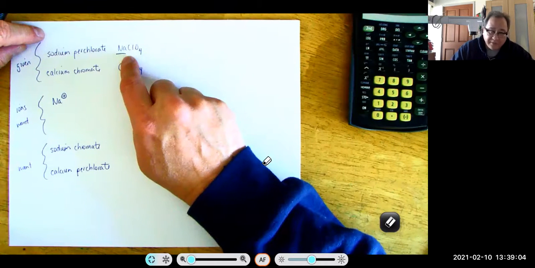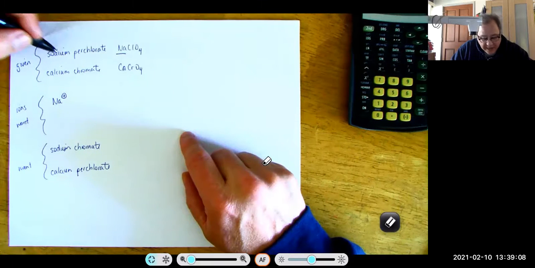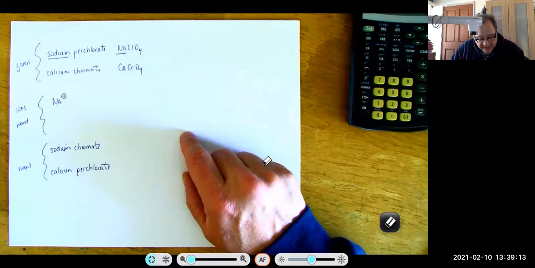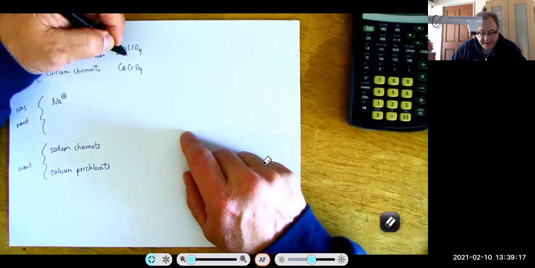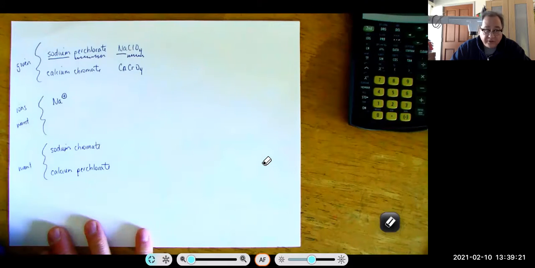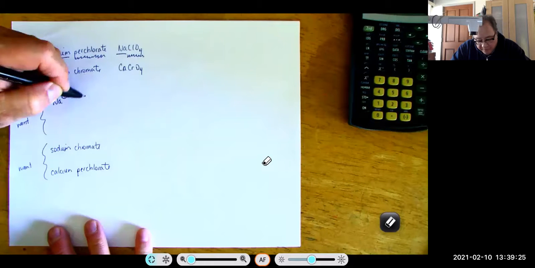So we know there's only one of them. Now, if this part of the name matches that, that means that this part of the name has to match whatever remains. So what is the perchlorate? It is ClO4.